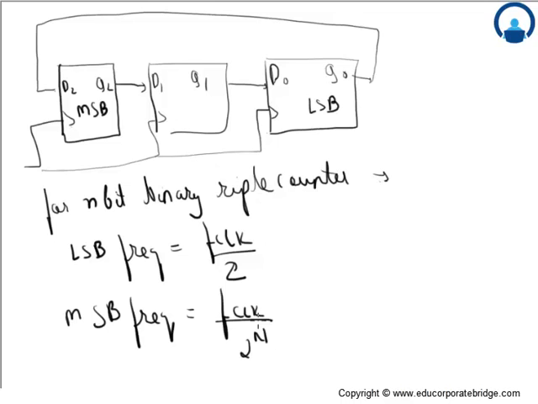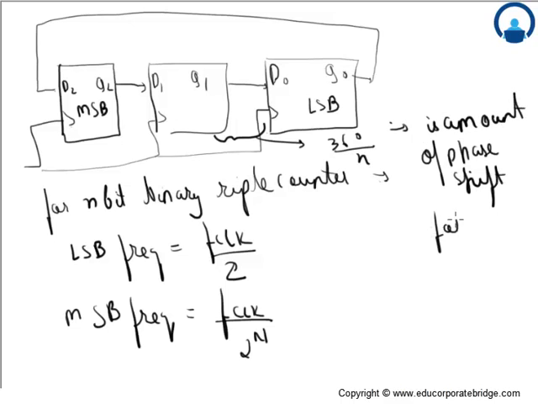That is, for an n-bit ring counter, the amount of phase shift between two consecutive flip-flops is given by 360 by n for the waveform.